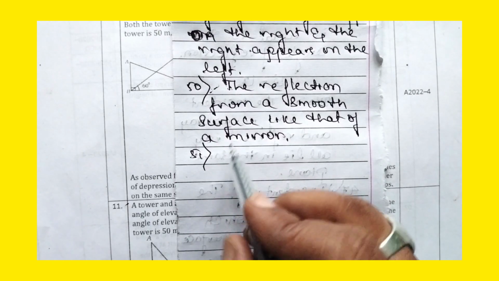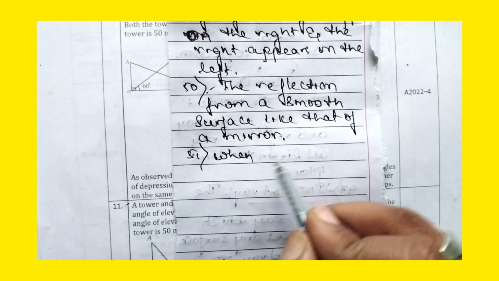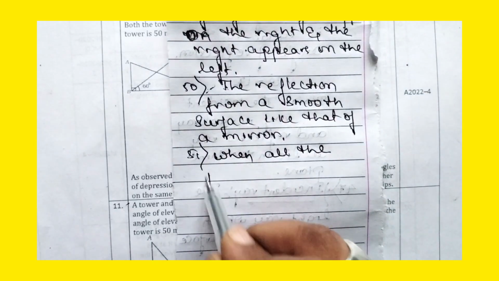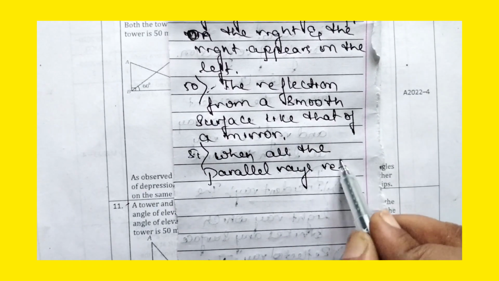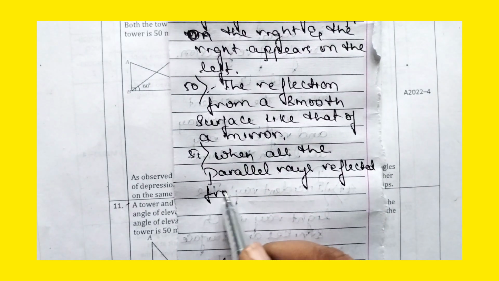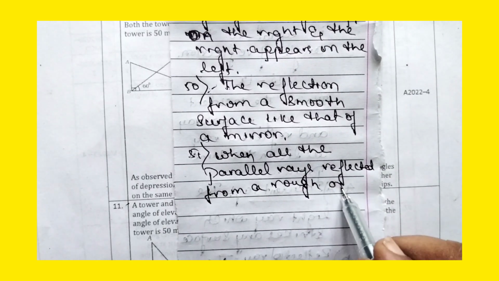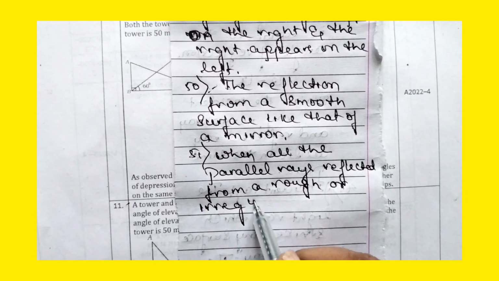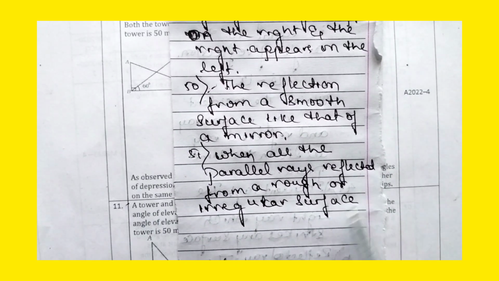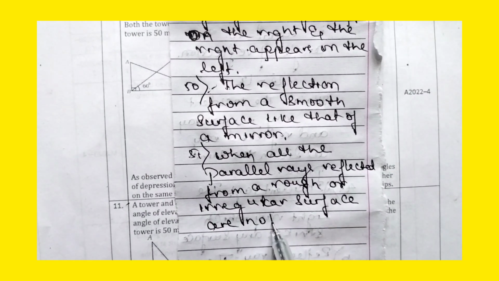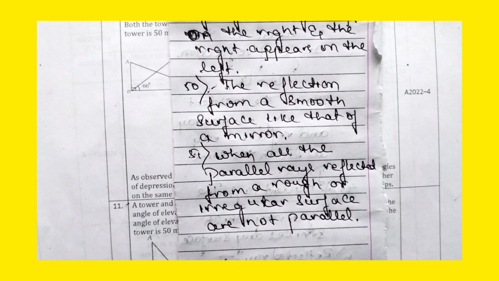Irregular reflection is defined as when all the parallel rays reflected from a rough or irregular surface are not parallel, such a reflection is called irregular reflection.